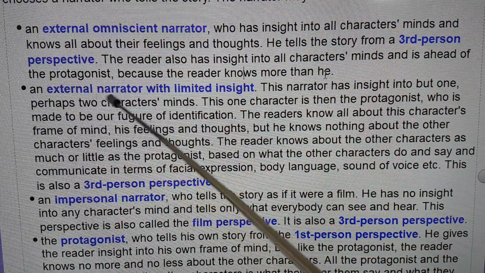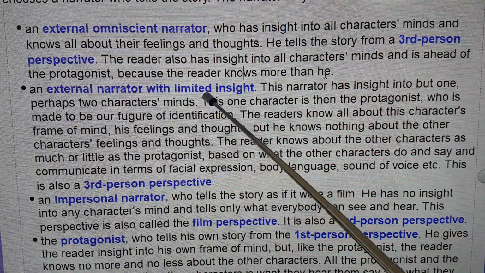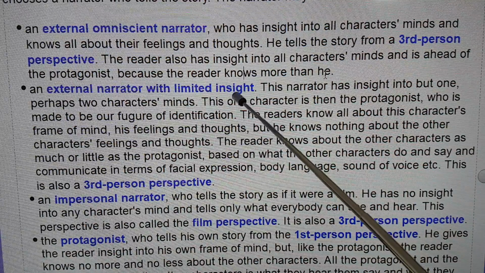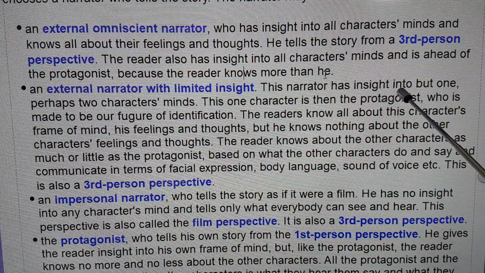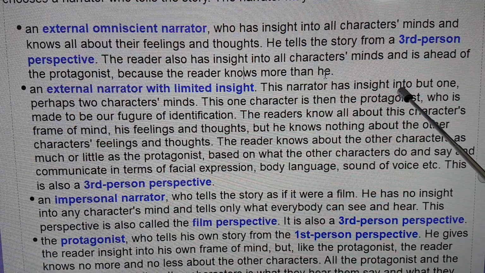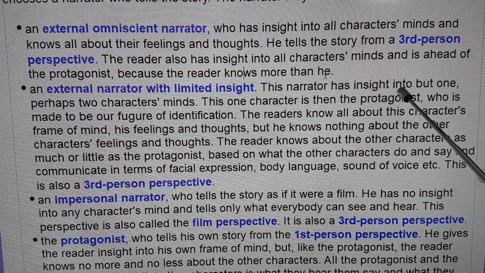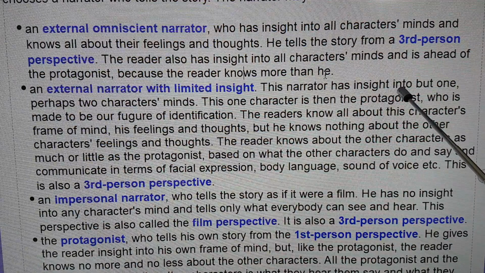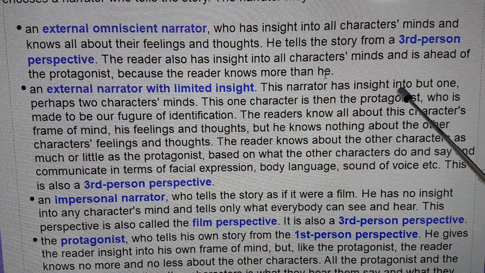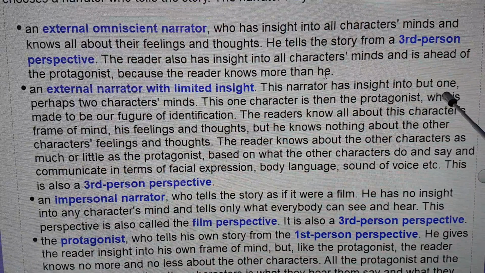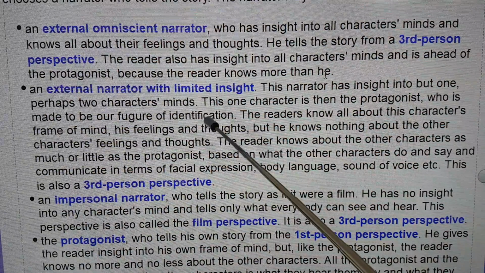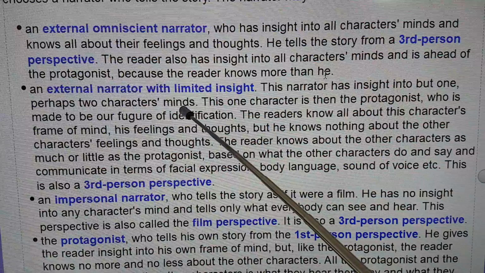Then we have an external narrator with limited insight. And insight always goes together with the preposition into. So the external narrator with limited insight has insight into but one, perhaps two characters' minds.